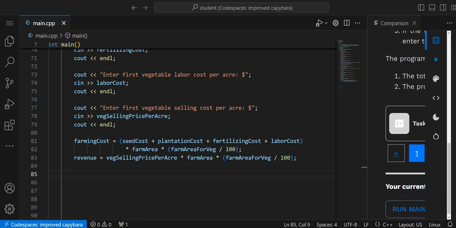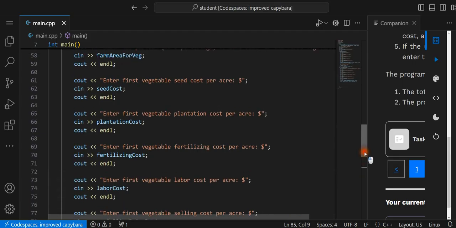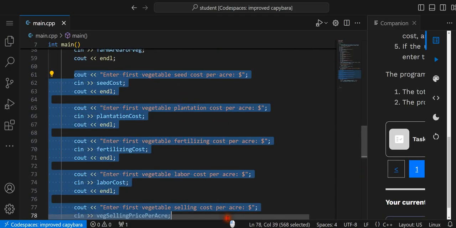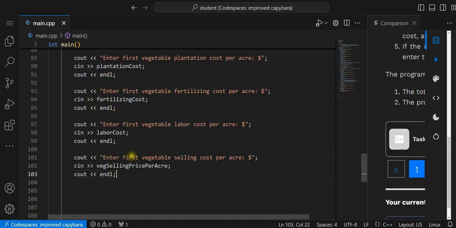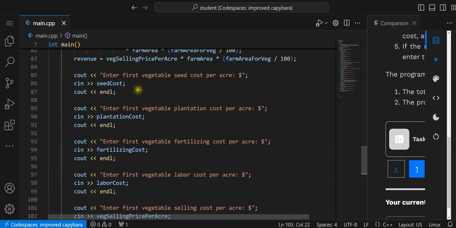So now, second vegetable seed cost per acre. Let's take this, copy paste this to A5. We change all the firsts to seconds. That should be the only change you need to do.